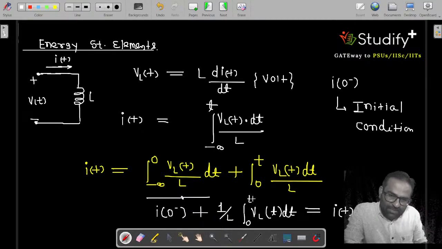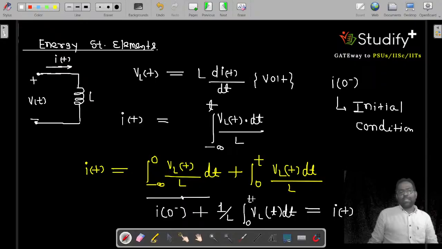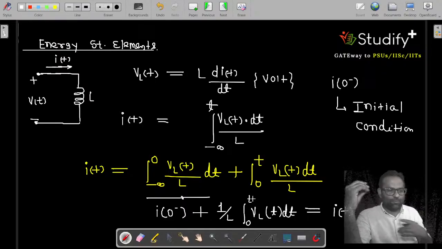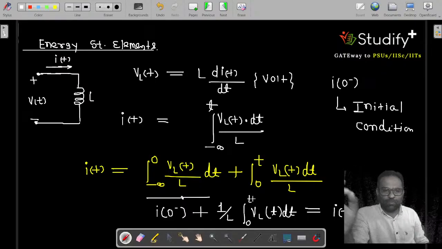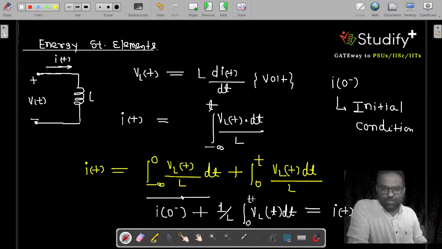So the initial condition of the inductor is current. The inductor stores energy in the form of a magnetic field, and the basic variable is current.